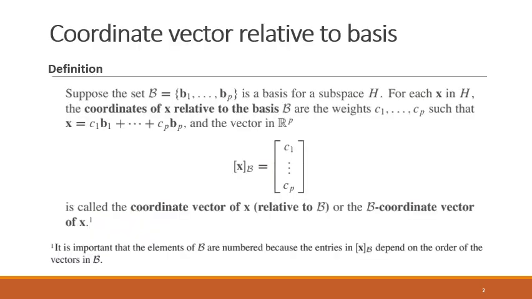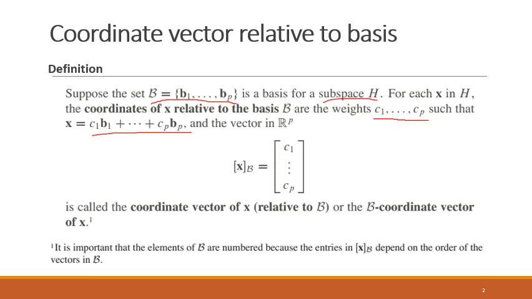The first topic of this lecture is the coordinate vector relative to a basis. Suppose the set B has the vectors b1 up to bp and it is a basis for a subspace H. For each x in H, the coordinates of x relative to the basis B are the weights C1, C2 up to Cp such that x can be written as a linear combination C1 b1 plus C2 b2 up to Cp bp.